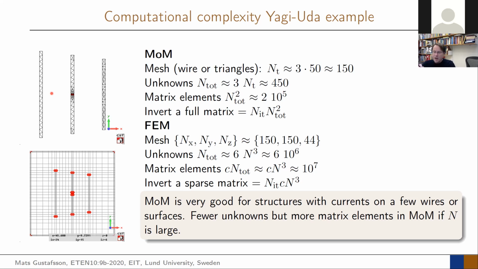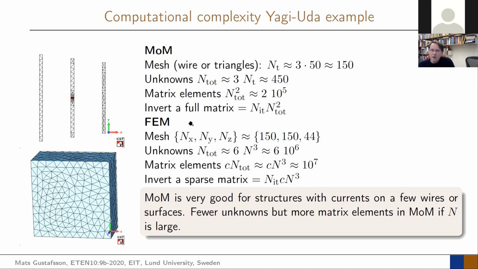In your case with the patch, you have currents on the top of the patch, and actually the dielectric can be taken care of analytically, and that doesn't add number of unknowns, at least for an infinite dielectric. For a finite one, you will have to add it. If you do it with a finite element method, you have to put a box around your structure and solve Maxwell's equations on that box. So slight difference in some ways, what is good and what is bad in these cases.